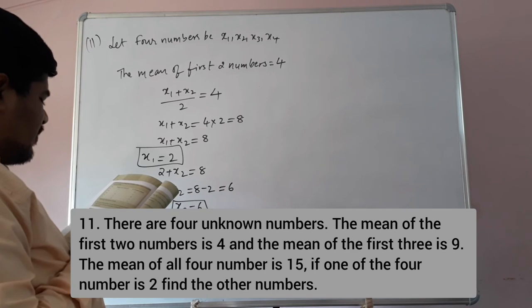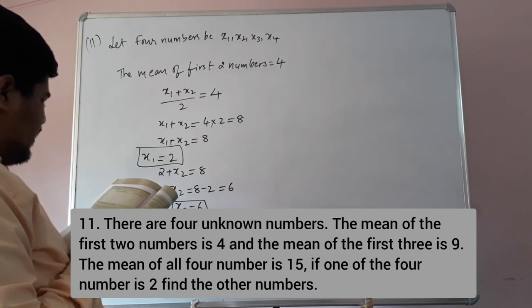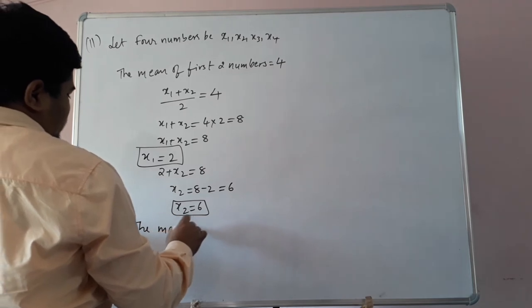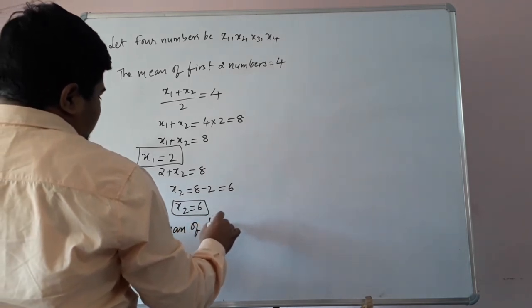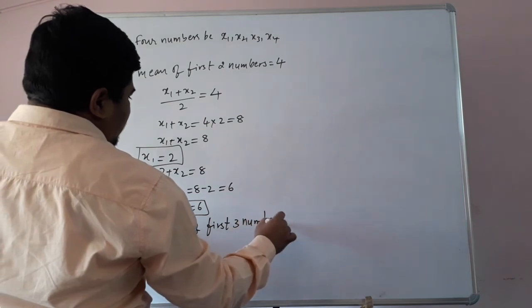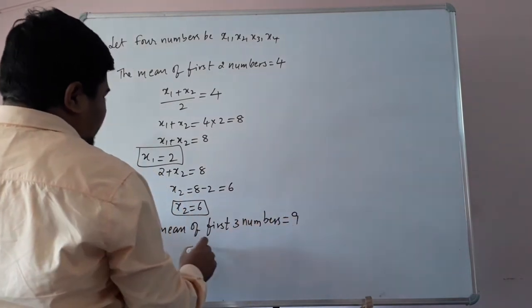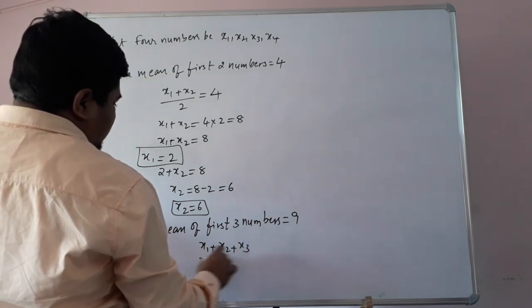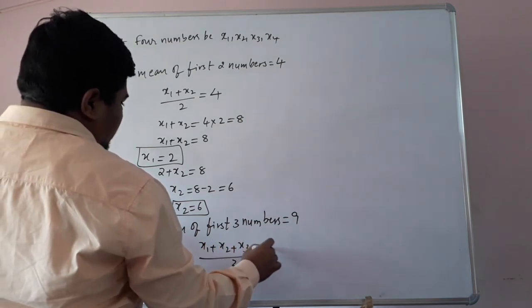Now let's see the next point. The mean of first 3 numbers is 9. So x1 plus x2 plus x3 by 3 is equal to 9.